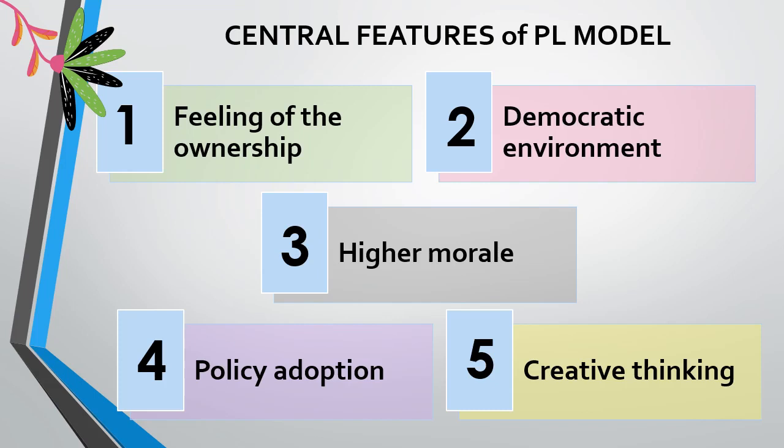When teachers and staff feel they have more of a hand in making the decisions that affect the school goals, they are more likely to accept those decisions and work to accomplish them with more enthusiasm. Last, participative leadership provides creative thinking.